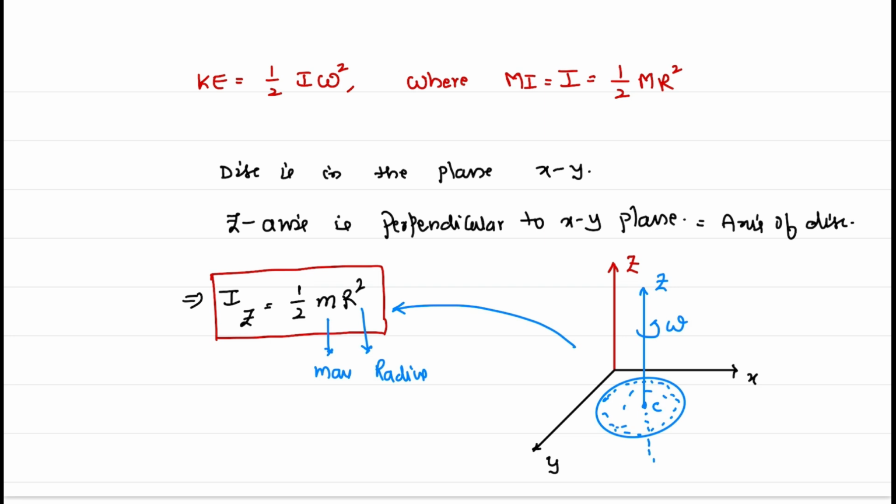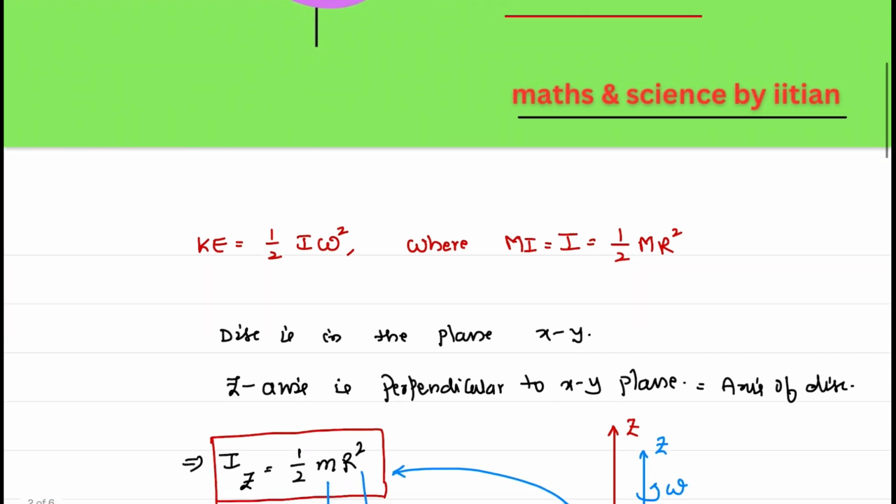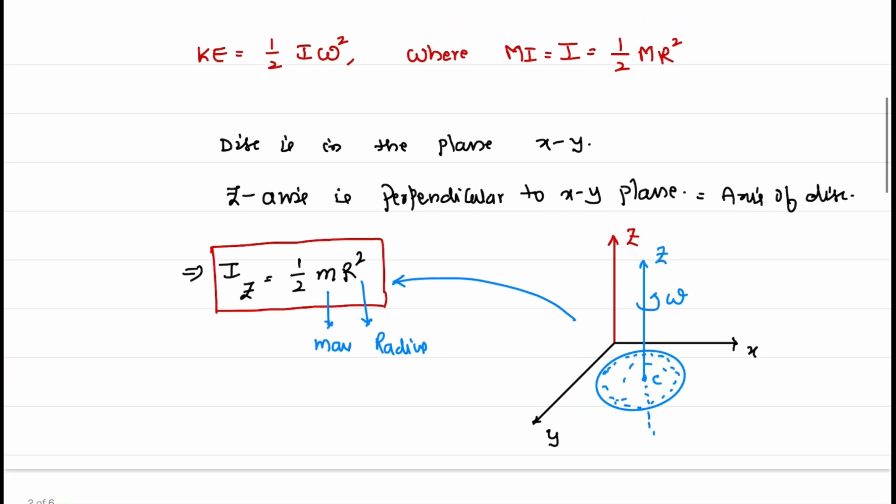In this case, it is not parallel to the z axis. The disk itself is inclined. Then the z axis will be this one. Please try to understand. Don't see only verticality and say that that is the z axis.